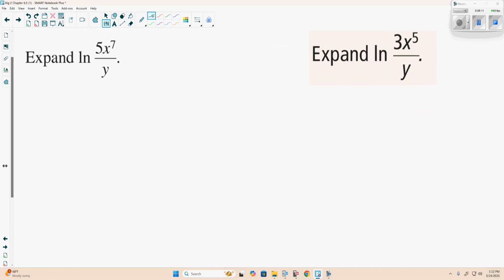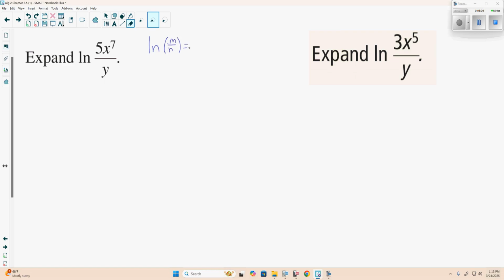Now, the natural log and log, the properties for ln and log are the same. Ln is just the base e. Log is either the number written or 10. So when we look at this here, the natural log of 5x to the 7 over y. Again, our first property we're going to apply is our quotient. We'll use m and n.